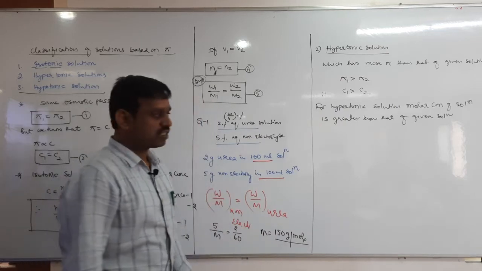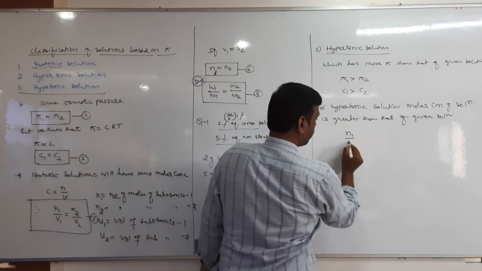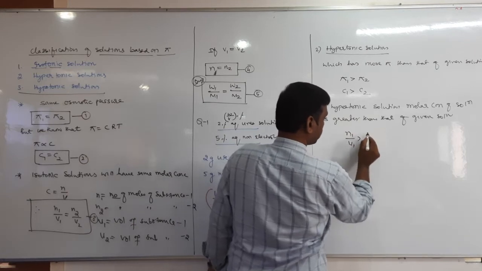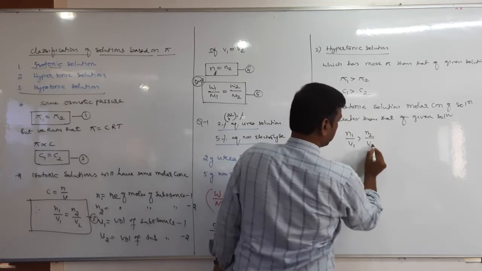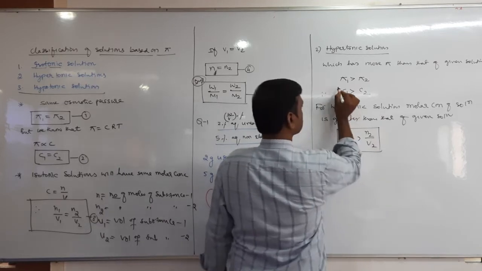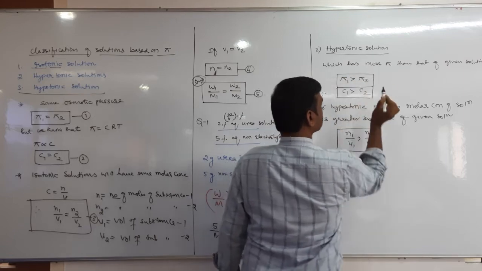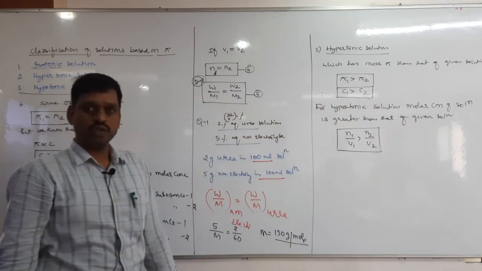If the molar concentration is greater than the given solution, can we write N1 by V1 is greater than N2 by V2? Yes, it can also be taken. So that is about hypertonic solution.